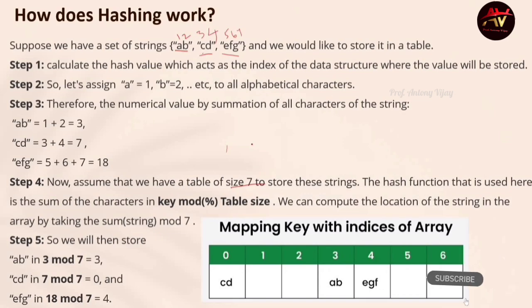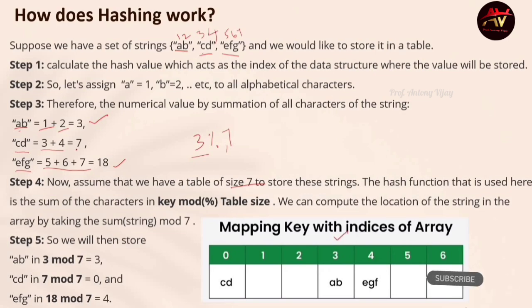Table size is 7. For AB, A value is 1, B value is 2, so 1 plus 2 is 3. Likewise CD means 3 plus 4, that is 7. And for EFG, 5 plus 6 plus 7 is 18. Now we apply the modulo operation with the table size. 3 modulo 7 is 3, so AB will be stored in index 3.